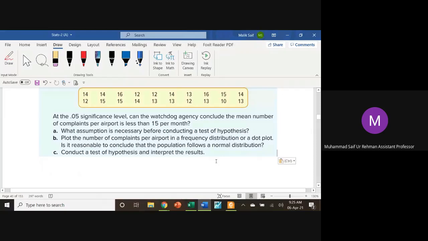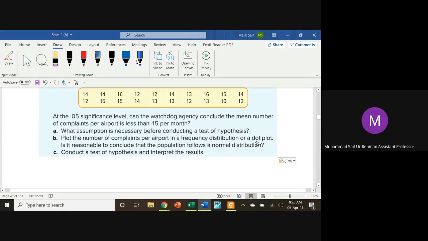As far as the second part is concerned, plot the number of complaints per airport in a frequency distribution. This is definitely a question that you may solve, because you are able to write down the frequency distribution that you have already learned in the first course of statistics.